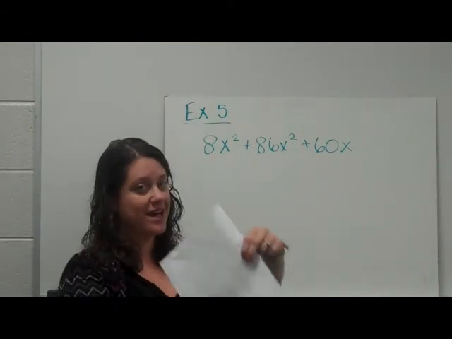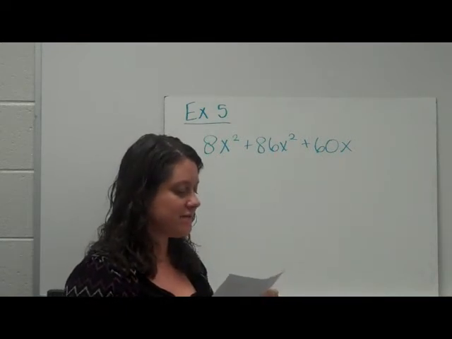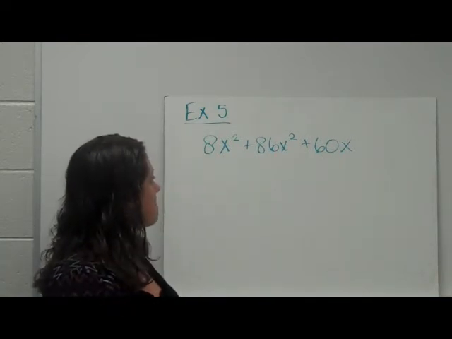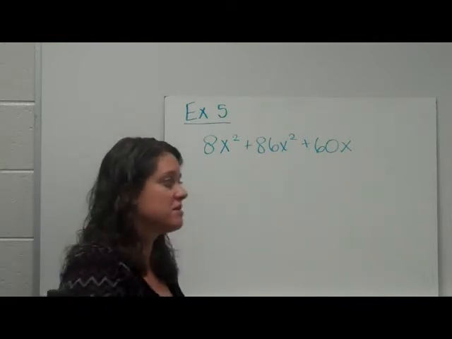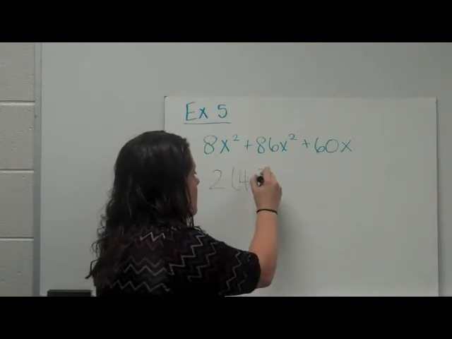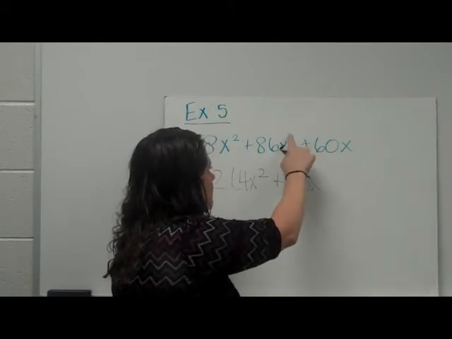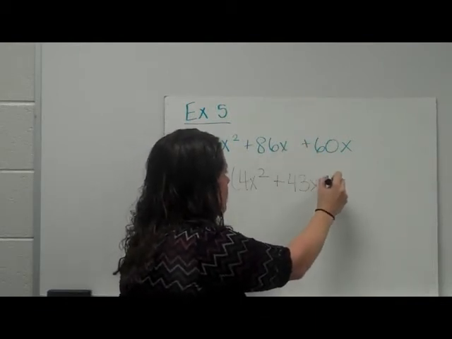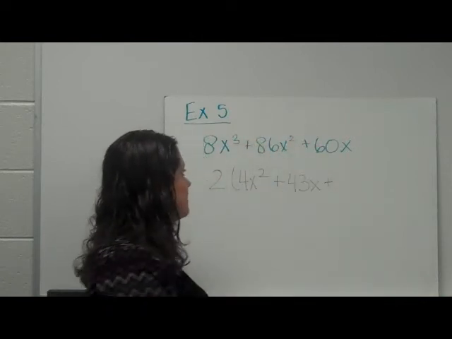But that's okay, I have my chart, so I can do this. Here we go. Does it have a GCF? It does. Well, they're all even, so let me start with 2. All right, 4x squared plus 43x plus, oh, that was, okay, let me rewrite the problem.